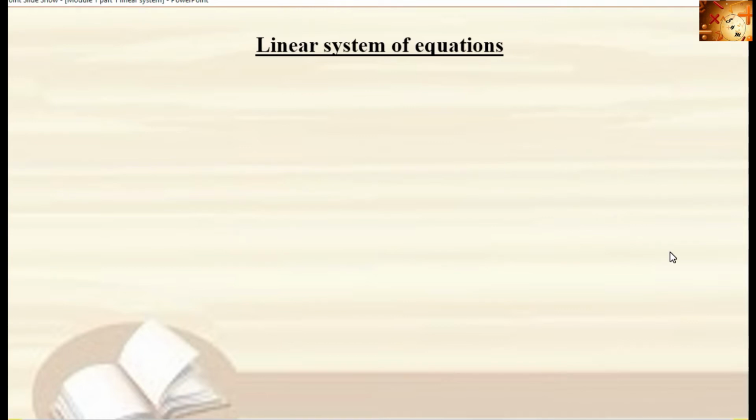First of all, linear system of equations. What is linear system of equations? We all are familiar with equations, right? Let's see what is a system of equation.